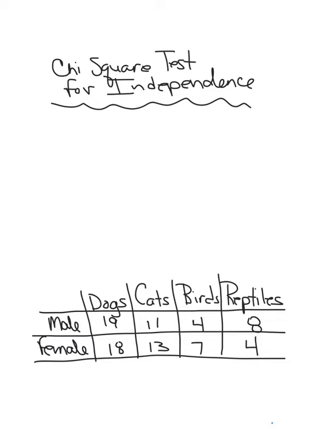But because I've thrown in another variable, gender as well, now we have 2 variables. So we're looking at a relationship between preference of pet or animal related to gender.